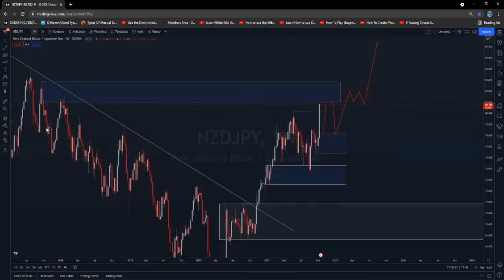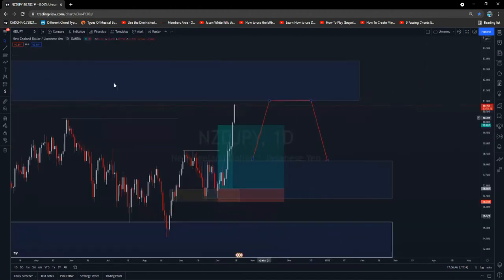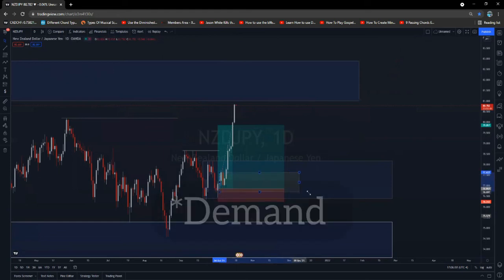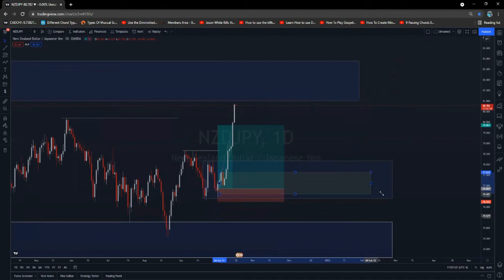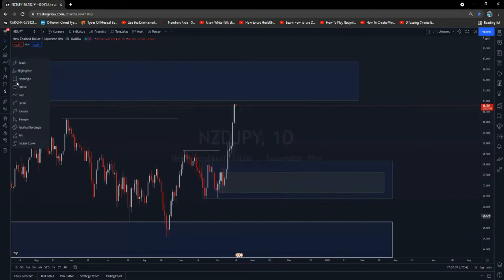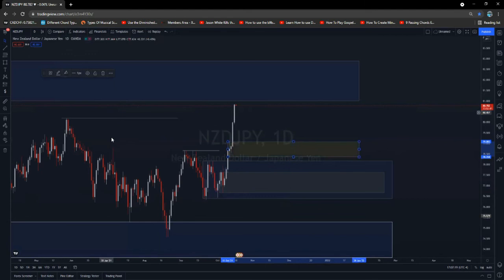Let's go to the daily. So we're on the daily, right? This is the area where we're expecting the market to react. So my discounted supply is over here. And then the next best area of supply is this area over here. Not demand, supply.